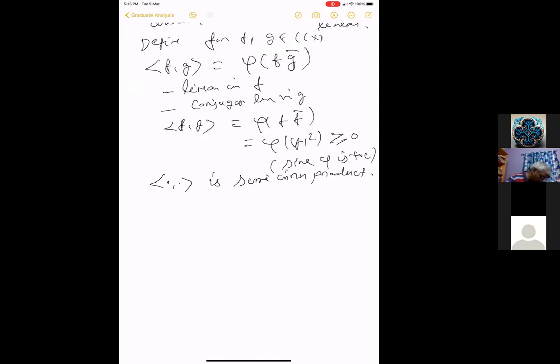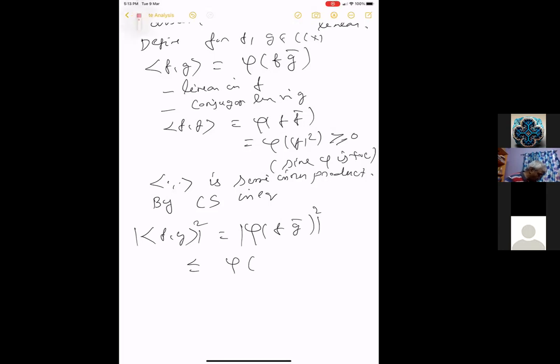So by the Cauchy-Schwarz inequality, we have the inner product of f and g, which is equal to phi of f g bar, with modulus squared less than or equal to phi of mod f squared times phi of mod g squared.